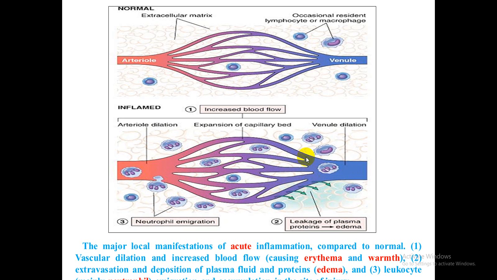Also, the increased dilation of venules results in leakage of plasma protein or protein-rich fluid into interstitial tissue, mostly associated with leakage of inflammatory cells, particularly the neutrophil in the early stage, forming exudate or inflammatory exudate, resulting in swelling of the affected area.